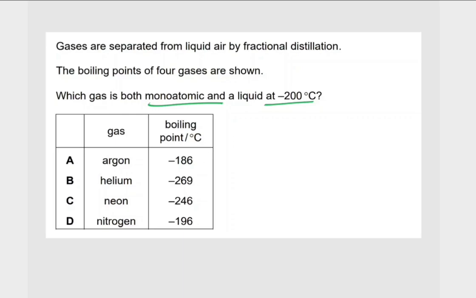So we have got 2 options. It has to be monoatomic, so argon is monoatomic and nitrogen is not. These are not the options. We can rule them out because they have a boiling point below minus 200 degrees Celsius.